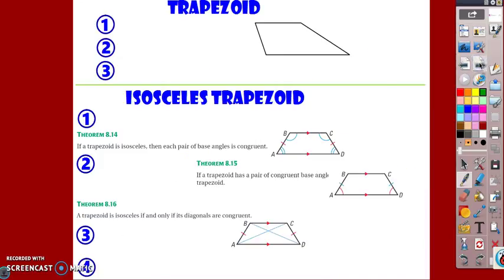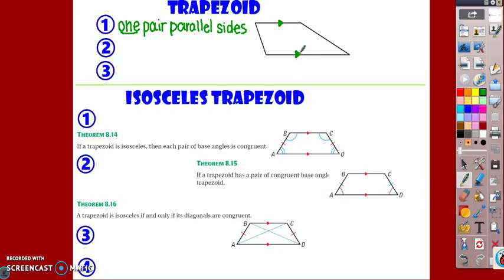We have some properties of trapezoids. The first one is kind of the definition, that it has exactly one pair of parallel sides. Write that on your sheet. Awesome. I'm going to put those parallels on my picture.